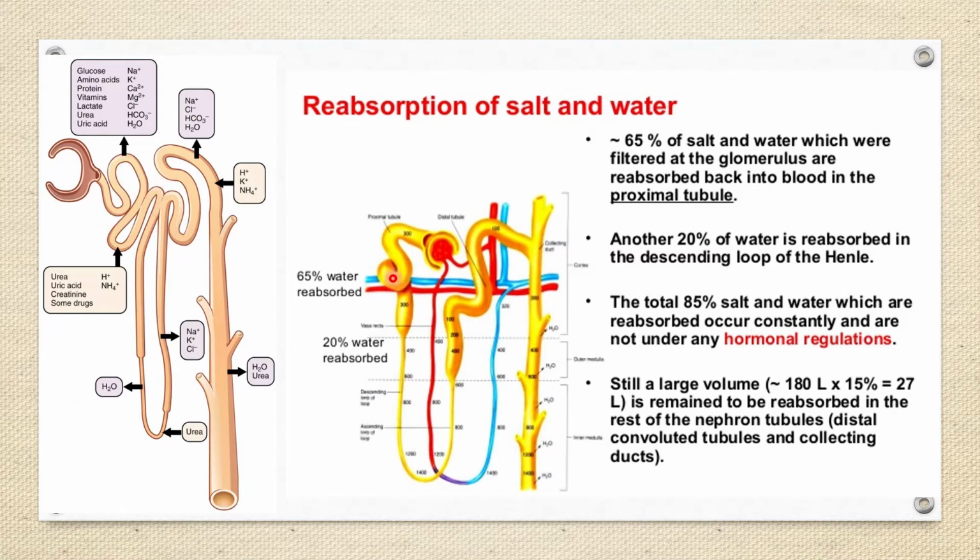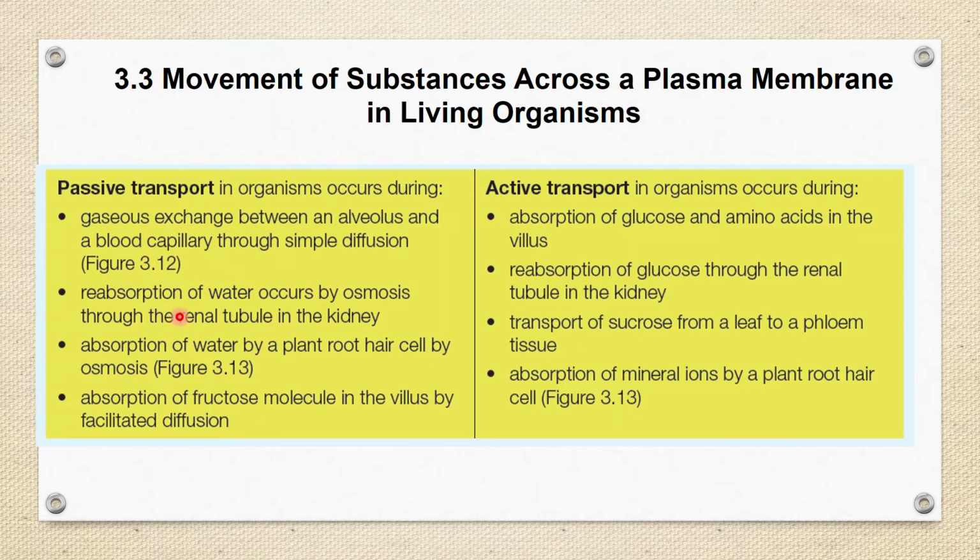Proximal tubule, and then another 20% of water is reabsorbed in the descending loop of Henle. Descending loop of Henle. This is descending, and this is ascending. So you can see the process of reabsorption of water. Go back to the slides just now. That happens in the renal tubule in the kidney, and it is by osmosis.